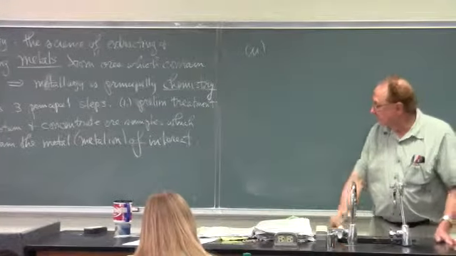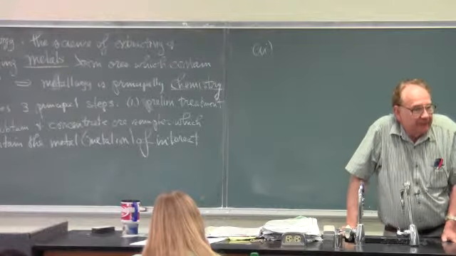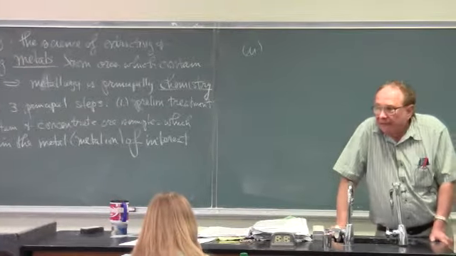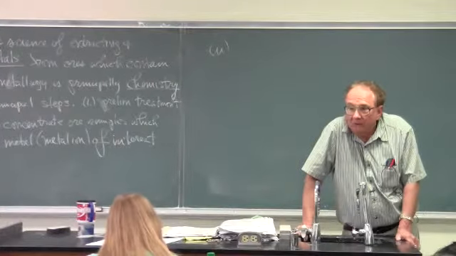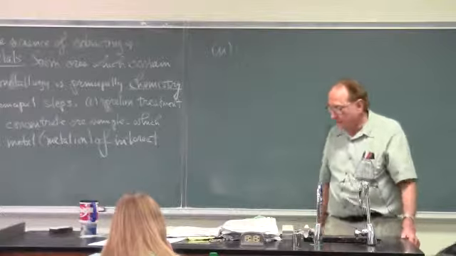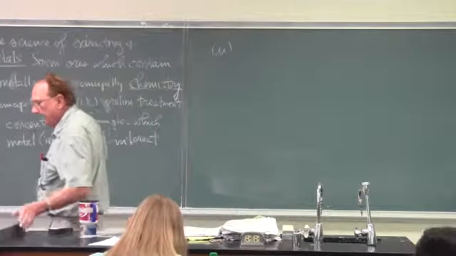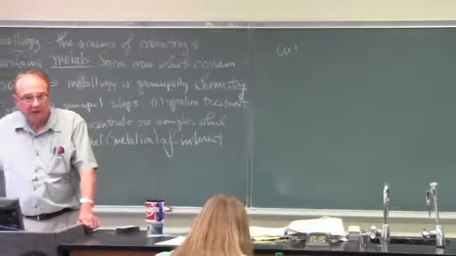Now this, part of this may be done at the place that makes the metal. Have you heard of Reynolds Aluminum? Alcoa Aluminum? Heard of any of these places? Okay. So, if you're making aluminum, aluminum's too reactive to ever find as base metal aluminum.